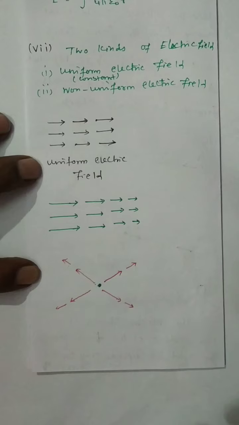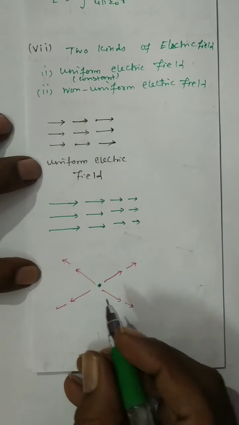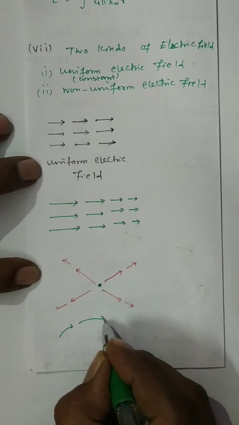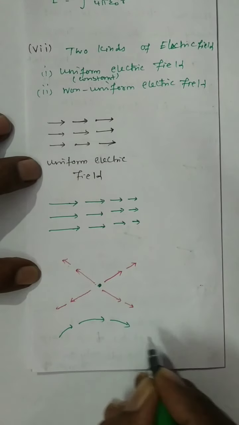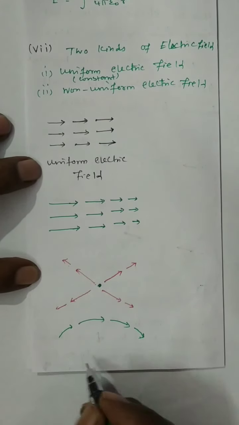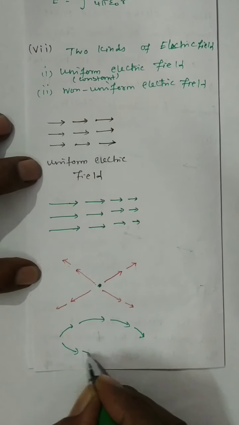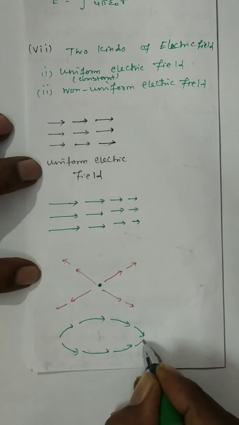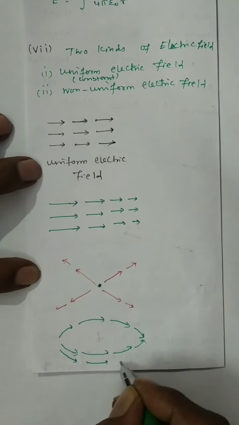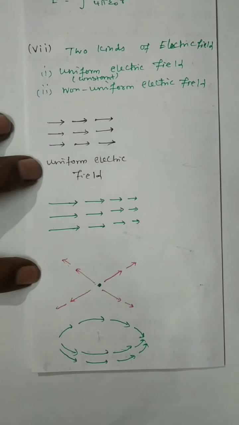Another one is also there. You can consider another non-uniform electric field, so we can draw one more. Here also the direction and the magnitude both are changing. These are all non-uniform electric fields.